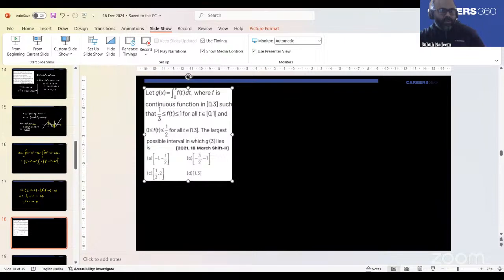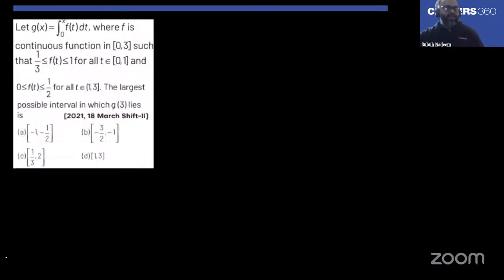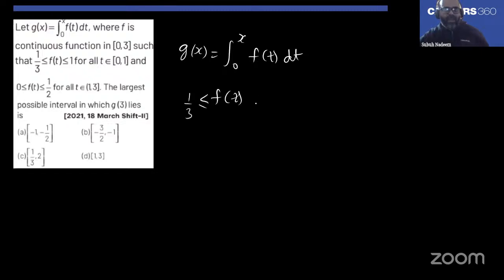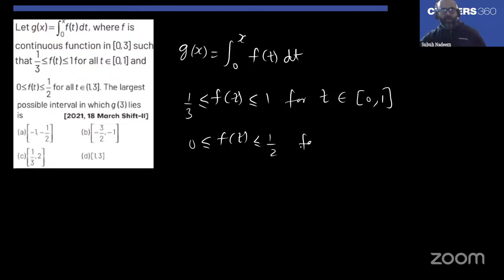So this is our next question, right? What it says? It says that gx is equal to integral 0 to x ft dt, where f is continuous function in 0, 3, such that ft is between 1 by 3 and 1 for t belonging to 0, 1, and ft is between 0 and half for t belonging to 1, 3.